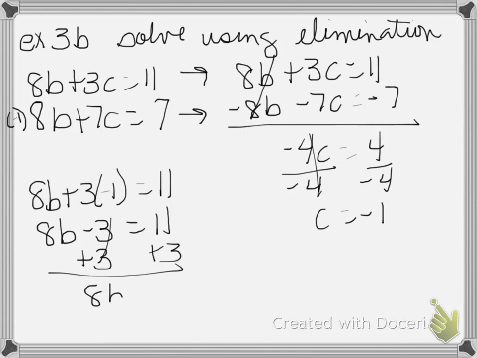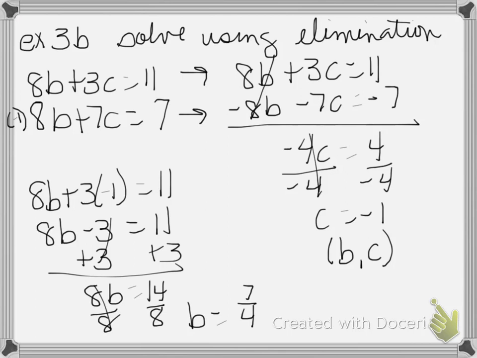So 8b is equal to 14. Divide by 8. Now, I need to reduce that to 7 over 4. I do not have to turn it into a mixed number. Now, my ordered pair, you want to put your ordered pair alphabetically. So b comes first, so it'll be b, c. So 7 fourths, and c is negative 1.